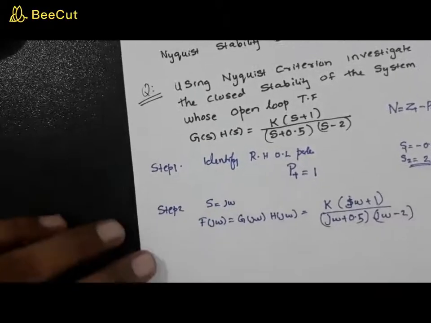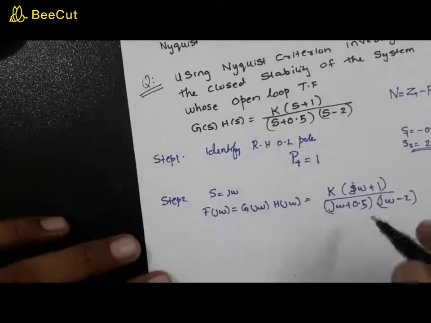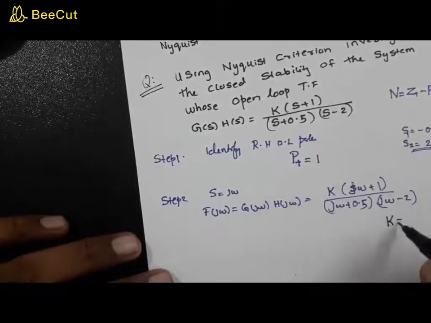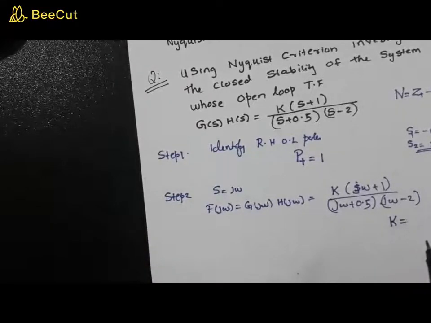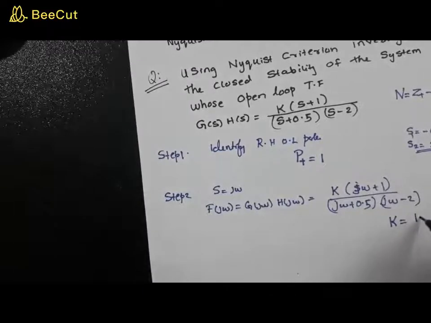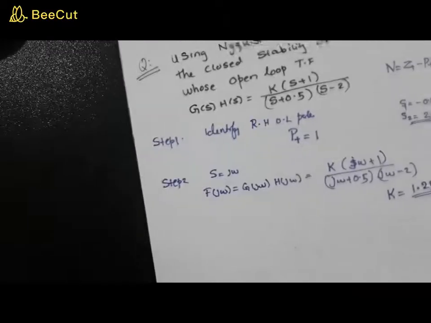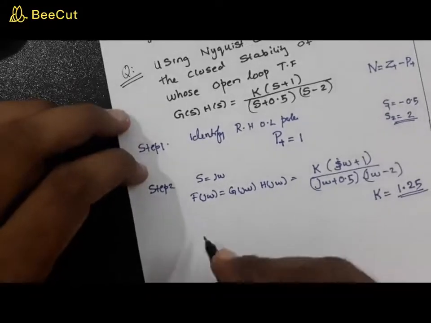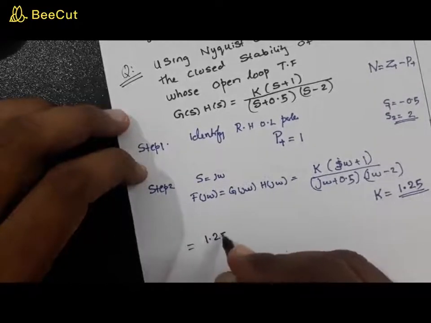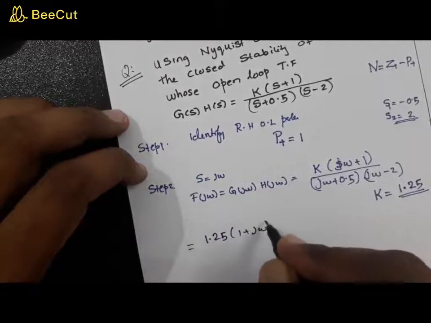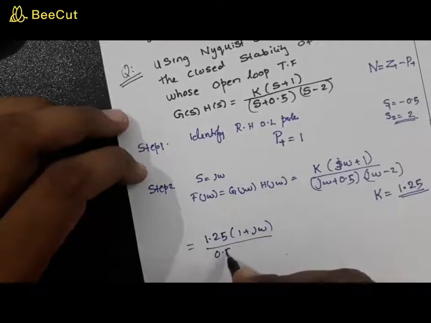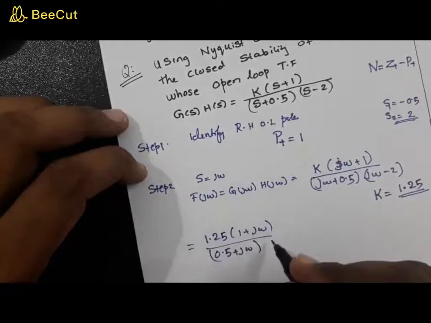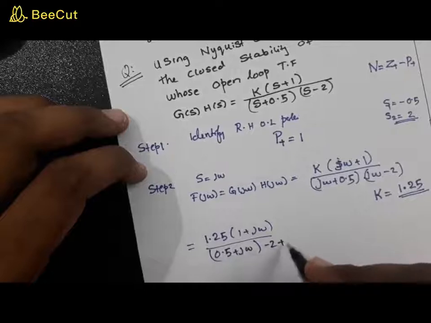For the meantime, let us assume K to be equal to 1.25. If K is 1.25, this equation can be written as 1.25 into (1 plus j omega) divided by (0.5 plus j omega) into (minus 2 plus j omega).